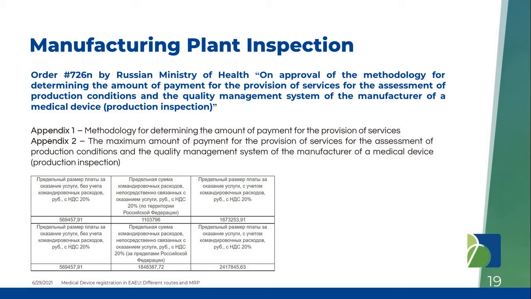Yes, so the maximum price is in the bottom right cell. It's about 2.5 million rubles, about 28,000 euro. It's the maximum price. For example, the worst case, as we call it: a very high risk level implantable device and a very distant manufacturing plant.